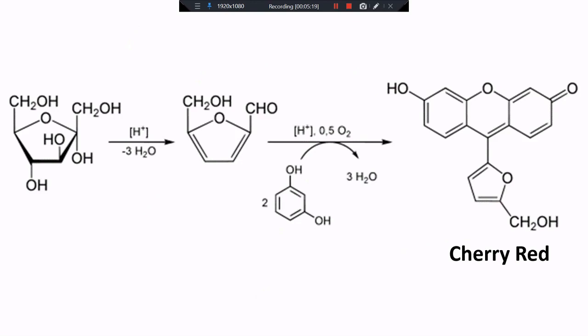So the carbohydrate is dehydrated to a furfural derivative, 5-hydroxymethyl furfural, with carbon numbers 1, 2, 3, 4 and 5. It reacts with resorcinol and gives the cherry red colored complex.